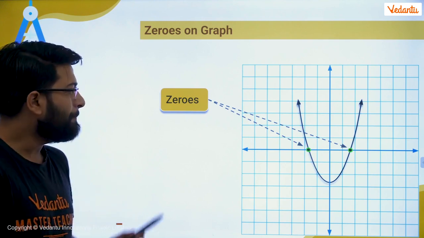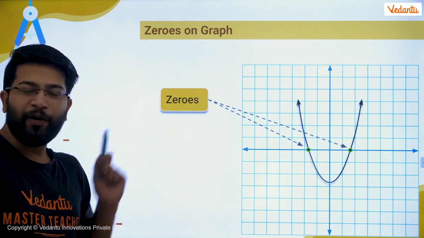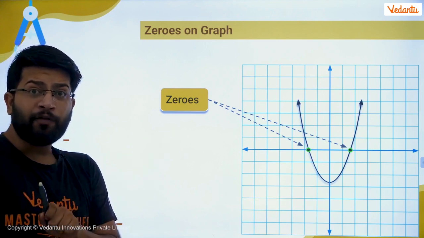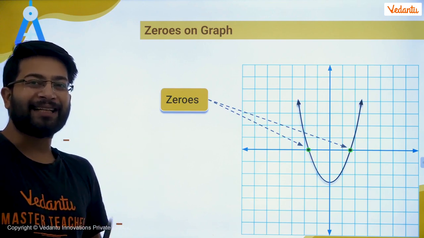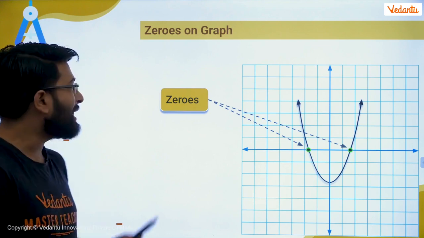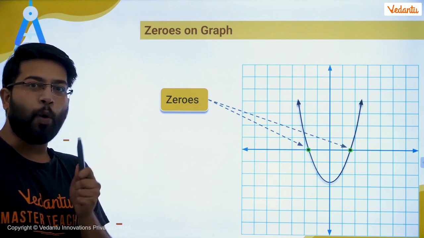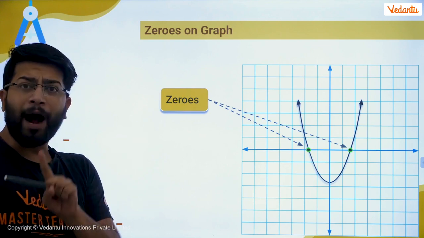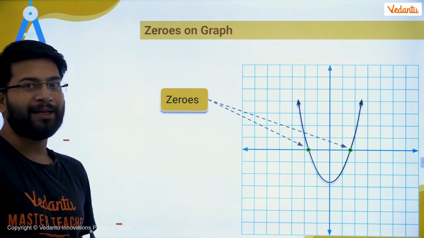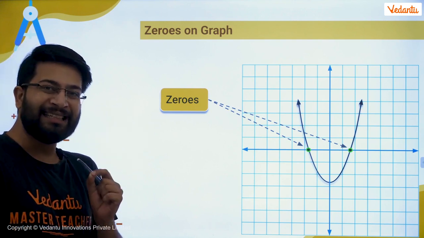And that is why champ, the points at which my curve intersects the x-axis are known as the zeros of the quadratic polynomial. Why? Because at these points, the value of the polynomial is 0.